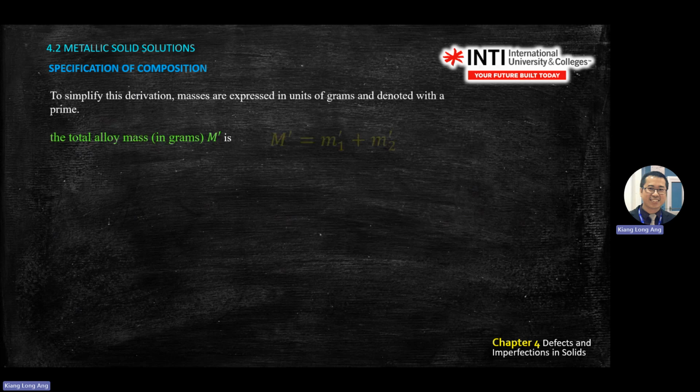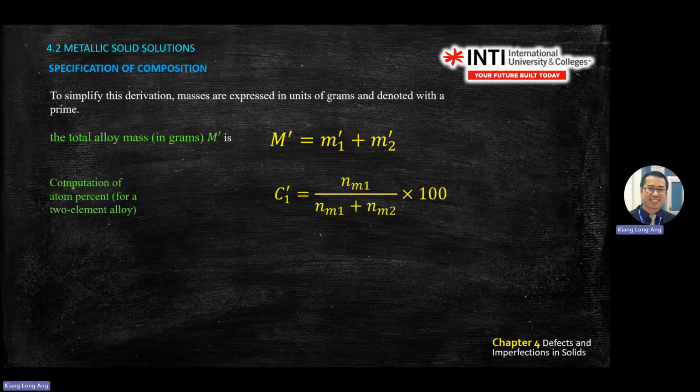Okay, so this is derivation. I show you once how you do it. So let's say you have 2 elements for the alloy. So M1, M2, let's say. So you have a total mass M, comma, small m1, small m2. So again, you can straight away calculate by atomic percentage, by converting how many mole you have for each component.